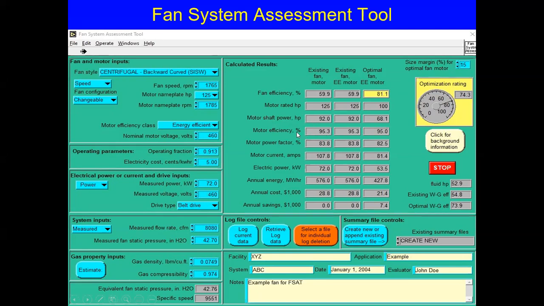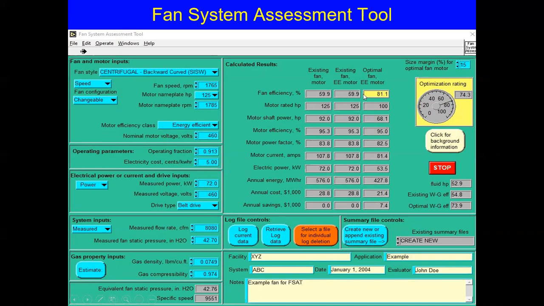And the FSAT has the ability to come up with these efficiencies based on background information it has built into it, which is nice. It also has power factors it can pull. So it'll calculate the motor amps. There's the electric power. I input that, so it just repeated that. Annual energy in megawatt hours. And there's our $28,800 in cost.